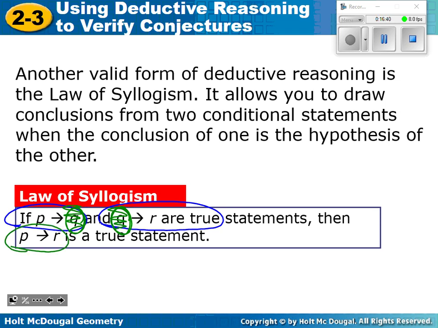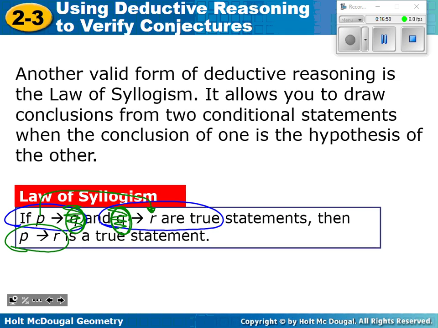P implies R. Take the hypothesis from the first part, and it implies the conclusion from the last part. So if you made a 74 on the test, then you passed the test. And you can get rid of the part about making a C.